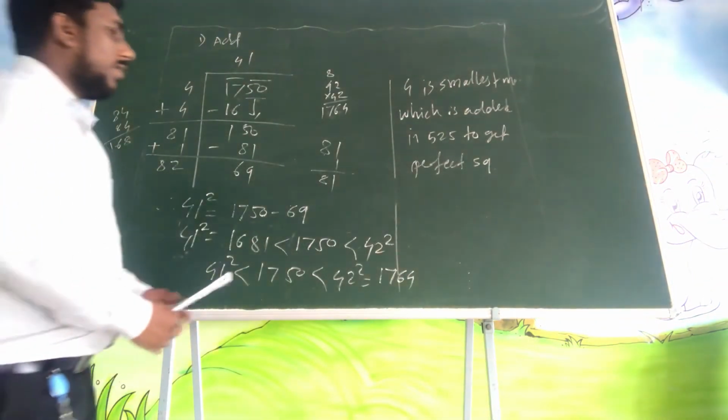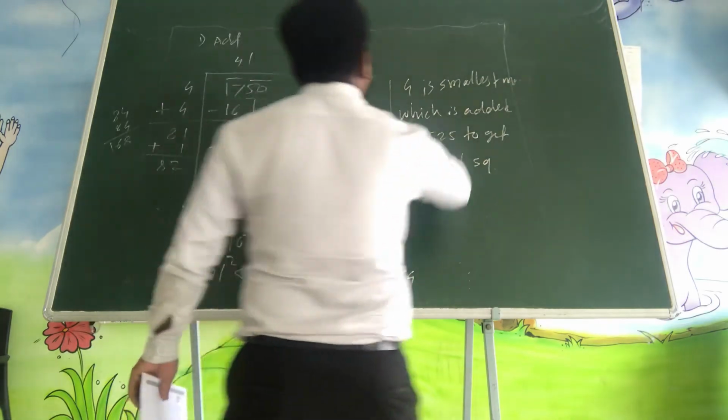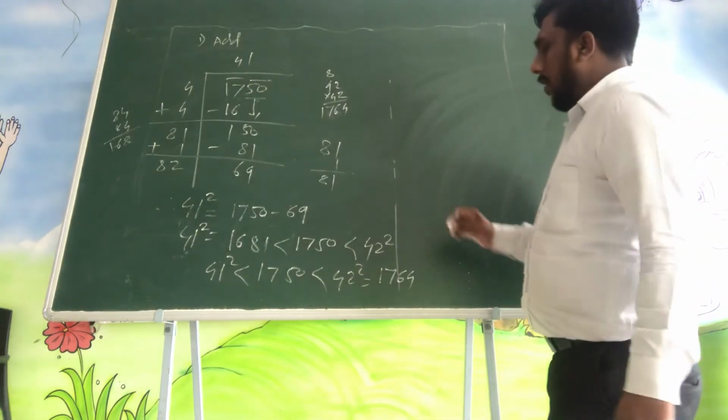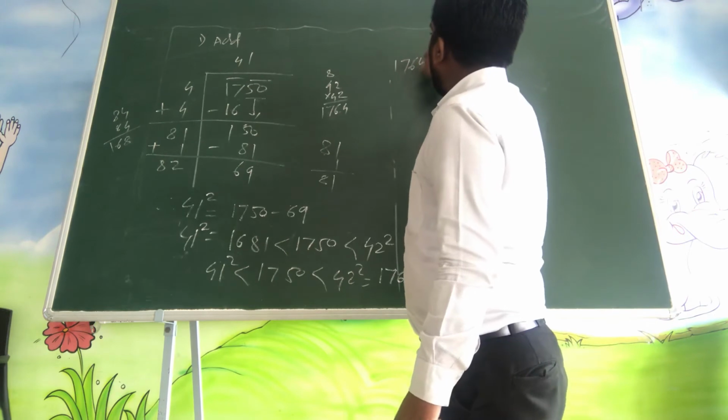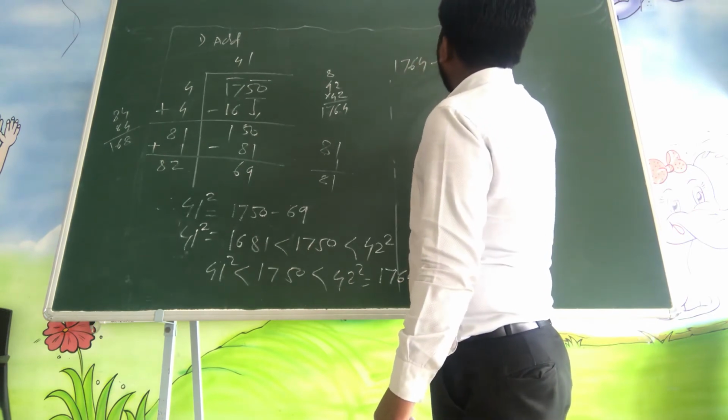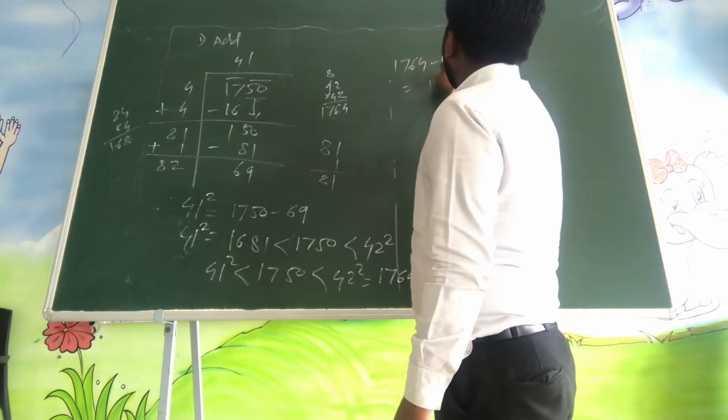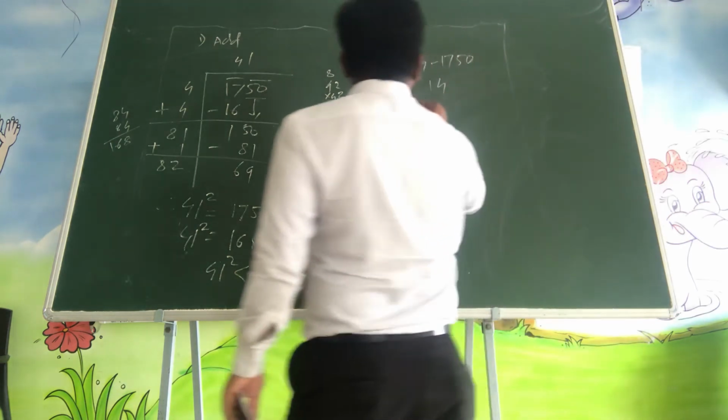So we can say that we subtract that number. 1764 minus 1750 is going to come 14.